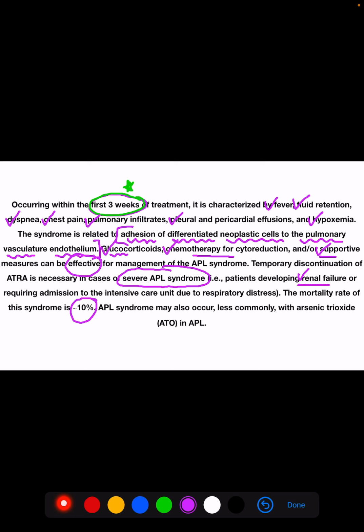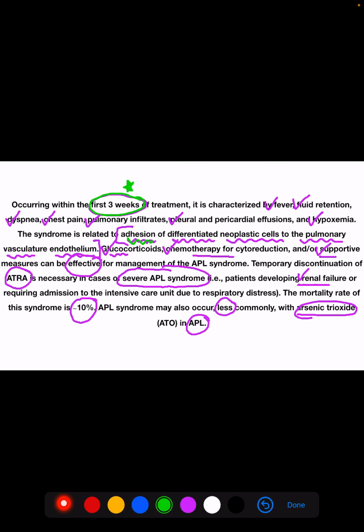The syndrome may also occur less commonly with arsenic trioxide in APL. It is more commonly seen with all-trans retinoic acid. Why is this syndrome occurring?